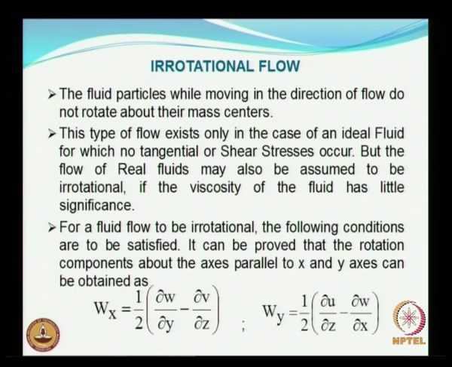This type of flow exists only in the case of ideal fluid. Why ideal fluid? Only in an ideal fluid no tangential or shear stresses occur. Although the subject is quite simple, you should remember all these definitions forever.